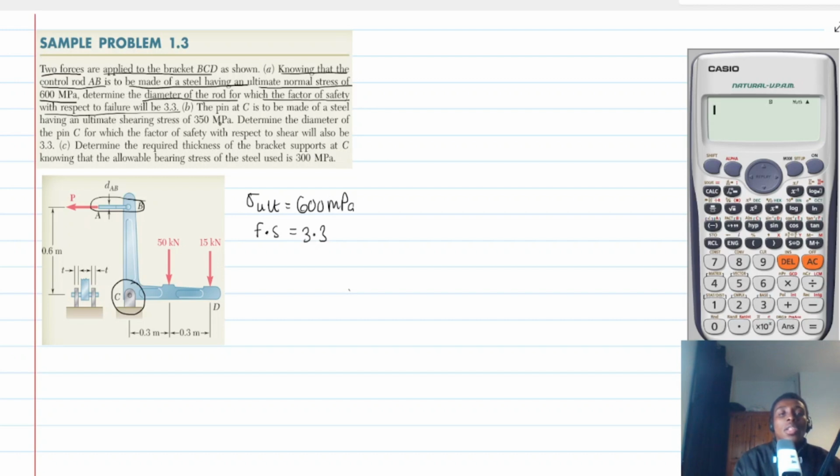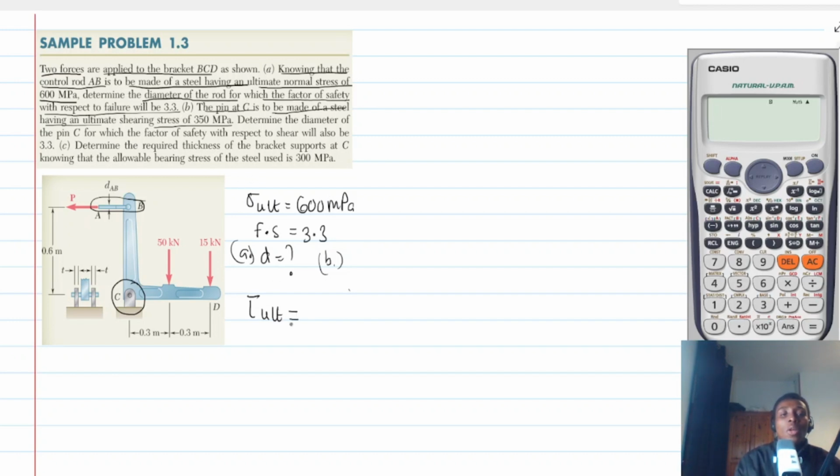Okay. Now, so the first part says we should find the diameter, and then the second part says the pin at C, which is this one, the pin joint, is to be made of steel having an ultimate shearing stress. So we know ultimate normal stress.